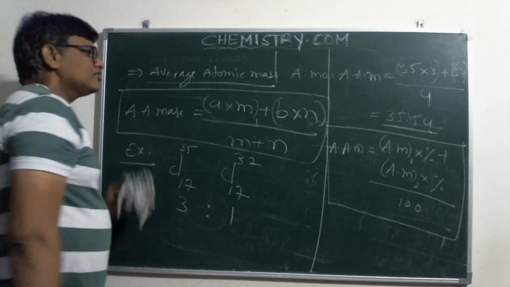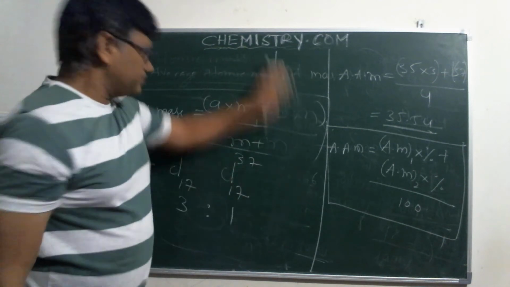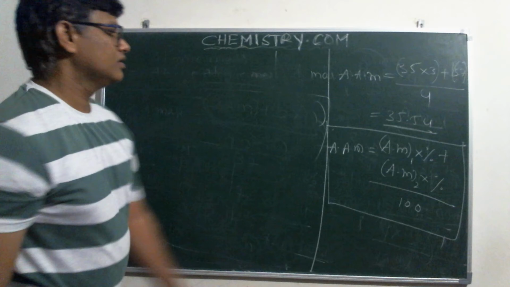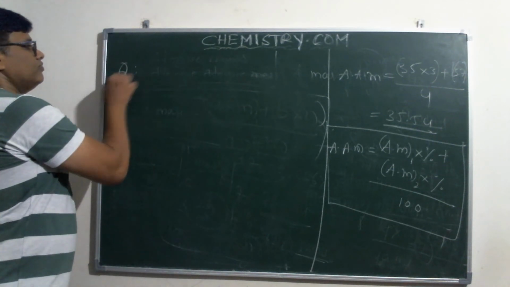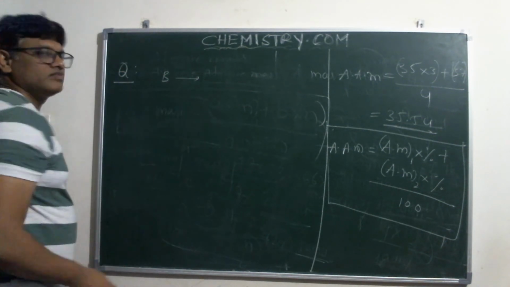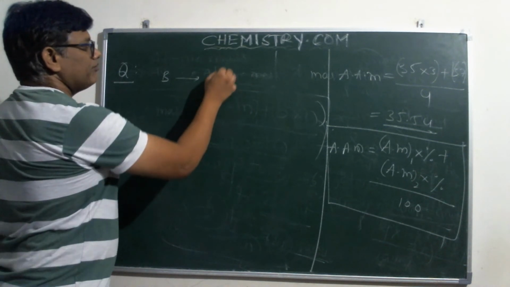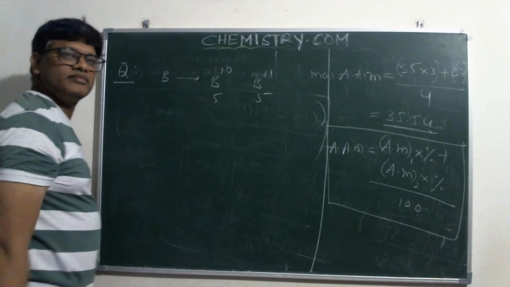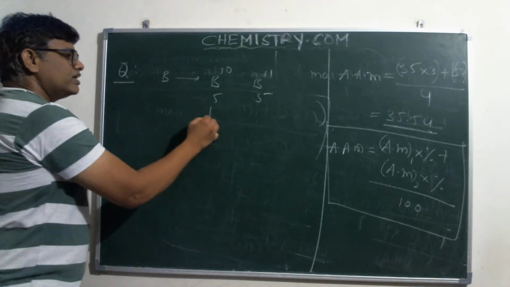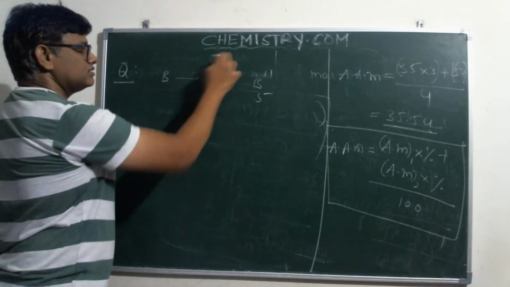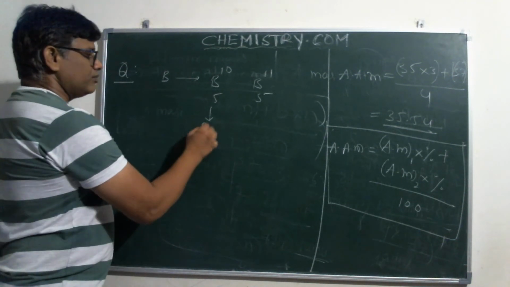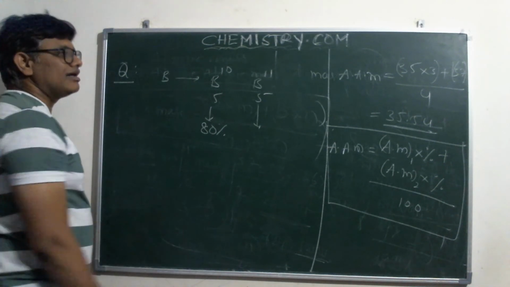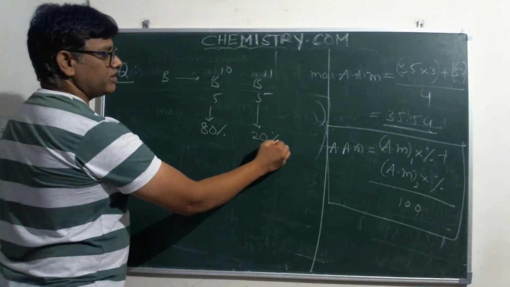Let's have one example here. For example, boron exists in two isotopic forms, B-10 and B-11, with atomic number 5. The percentage abundance of boron-10 is 80%, and the percentage abundance of boron-11 is 20%.